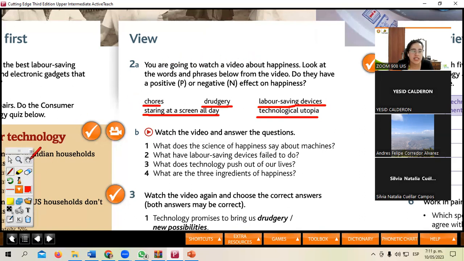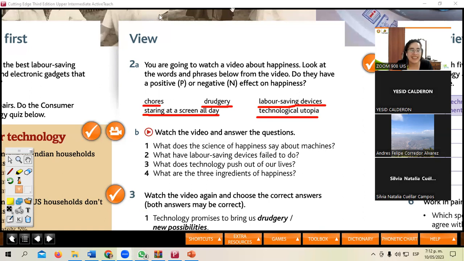Well, before we watch it, let's classify these things into positive or negative. Do they have a positive effect or negative effect on happiness? En nuestra felicidad, ¿estas cosas tienen efectos positivos o negativos? So, the chores, las tareas del hogar, what do you think? Positive or negative? Positive, okay. Any other opinion? Maybe someone can say it's negative, you don't like doing it.